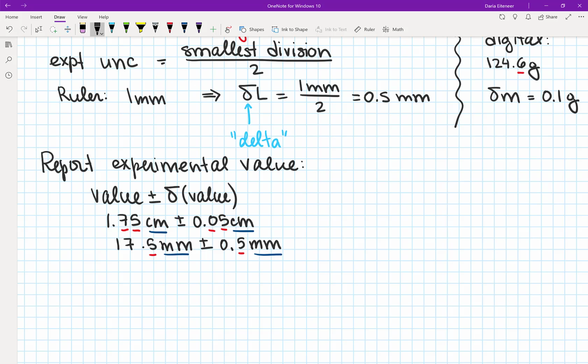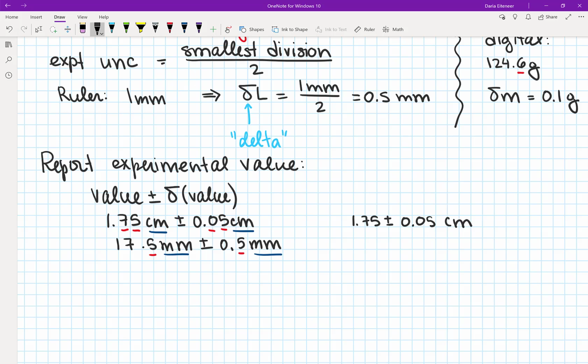Now, units-wise, we already talked about how important units are, right? So you can also write it like this, putting the units after the fact. That's also perfectly fine. But again, the value and the uncertainty in those units still have to agree with each other. Okay?